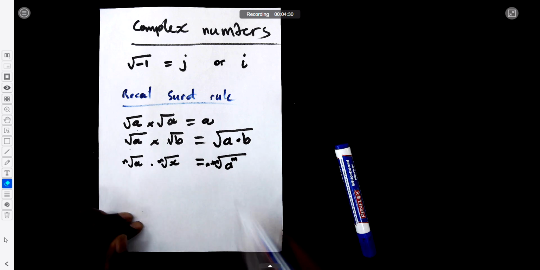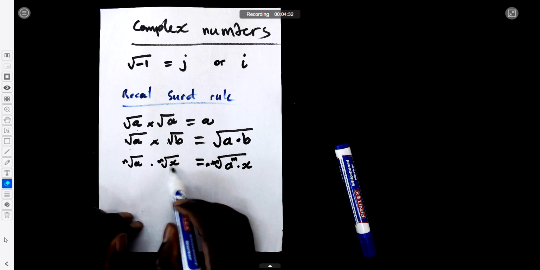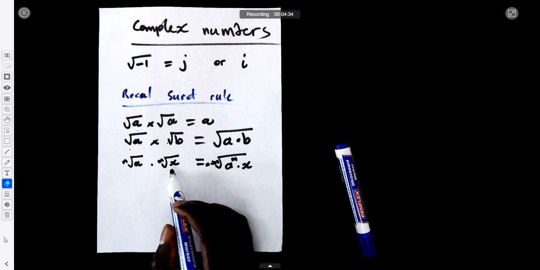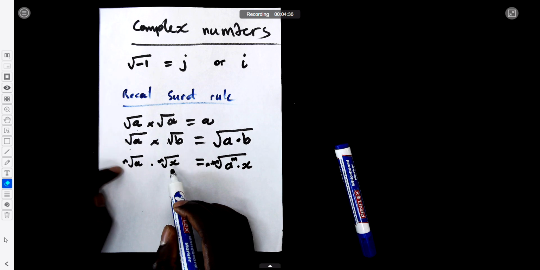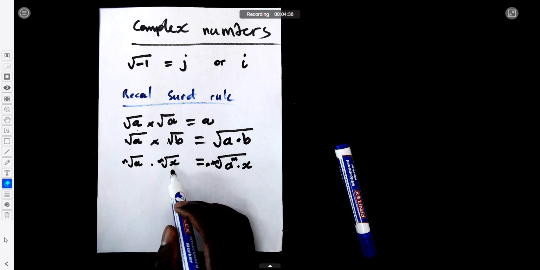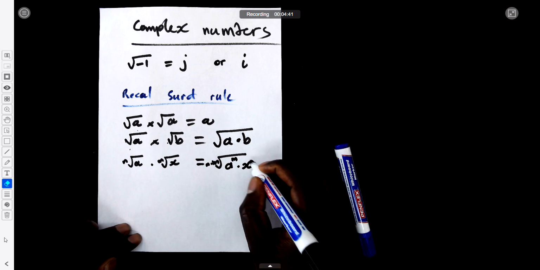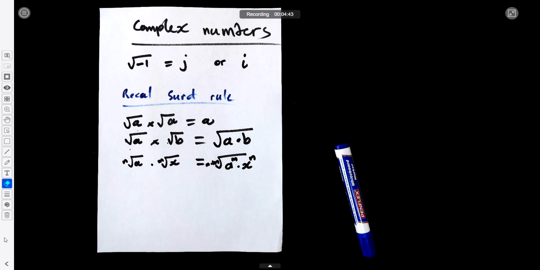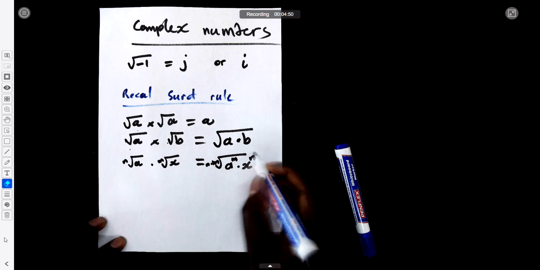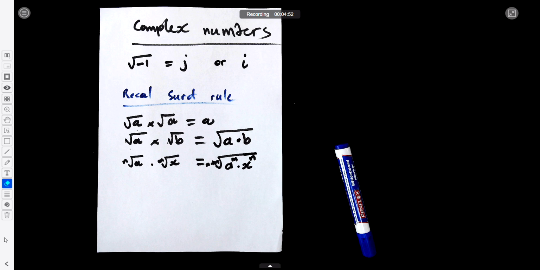Same thing, the other factor in the other root is going to be multiplied by the value of the root of the opposite root. So we're going to say x to the power of n. So that is the rule, if you've forgotten it, recall it. We don't need it, but I'm just saying recall that. It's maths. So that's a bonus rule.